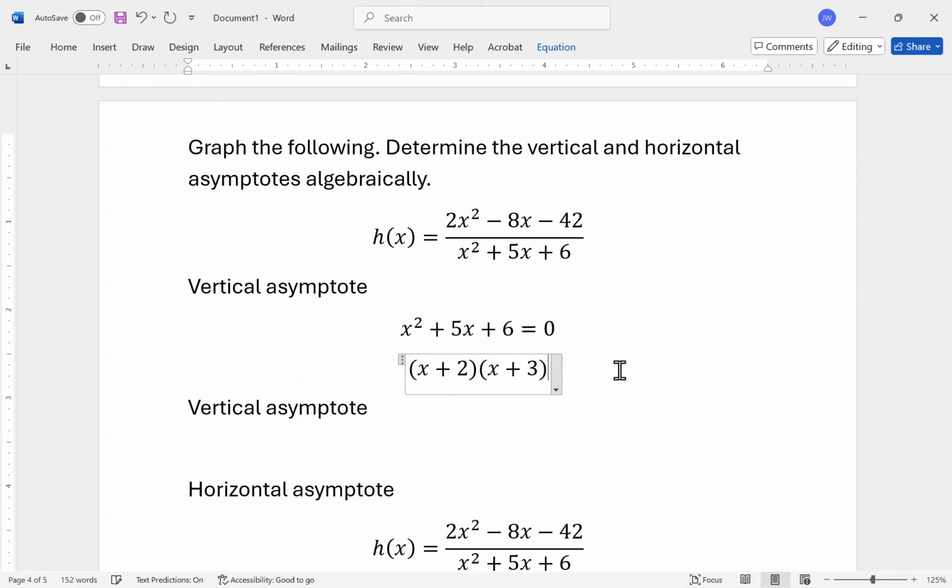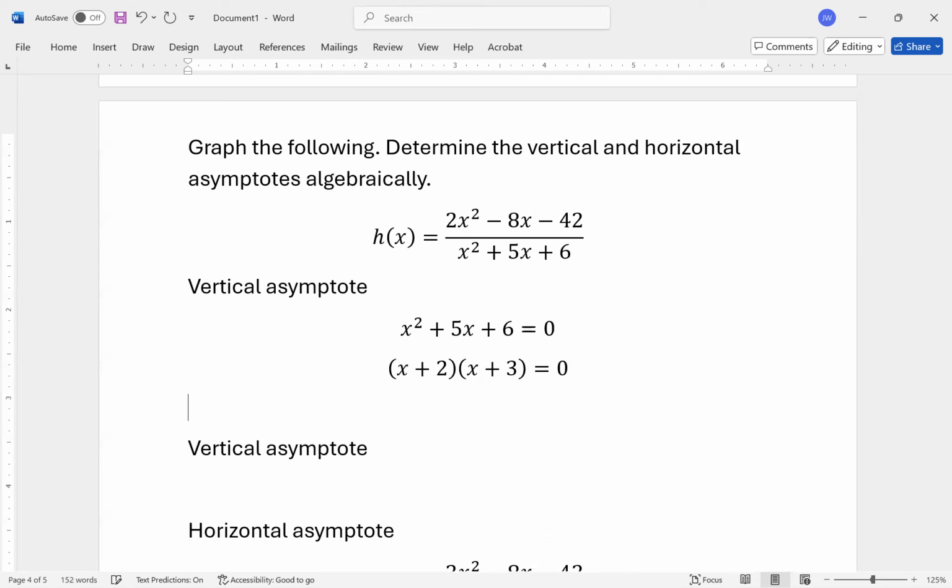So we get x plus 2 times x plus 3 is equal to 0. That means there's 2 zeros of that denominator. One is when x is equal to negative 2. The other is when x is equal to negative 3.